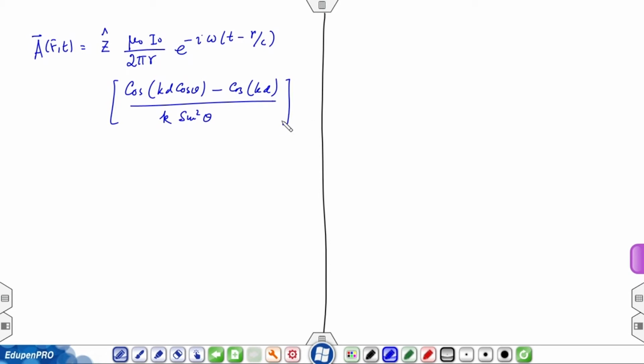This is the vector potential in the z direction. I may have missed a factor of 2 somewhere, please check it and correct it, and this is the answer you get.